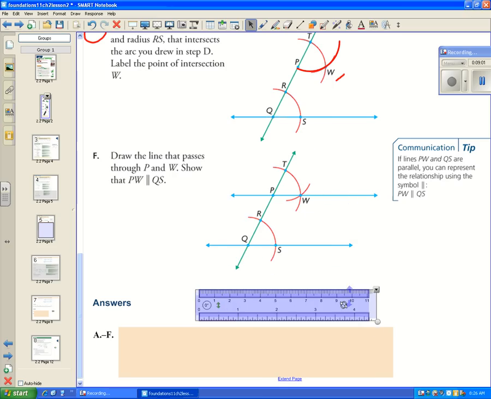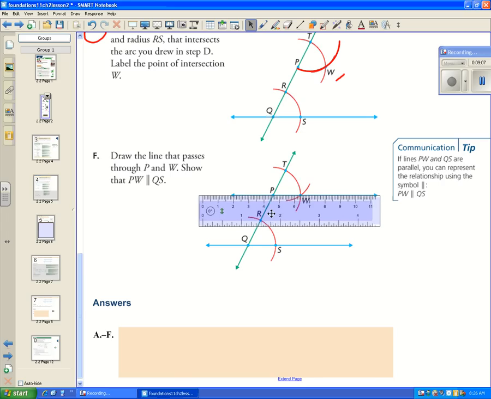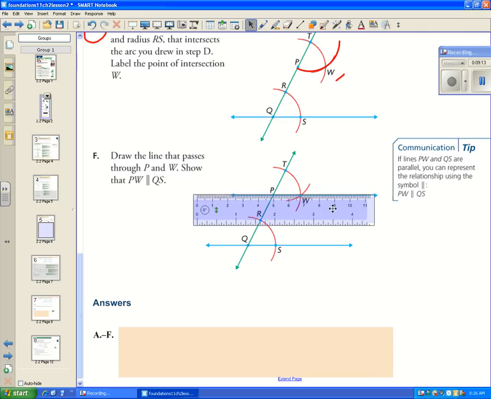Thank you. So I have my ruler. I'm going to connect point P and point W, and draw a beautiful line there.